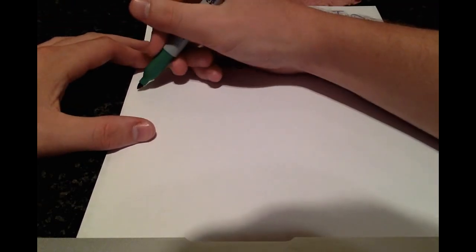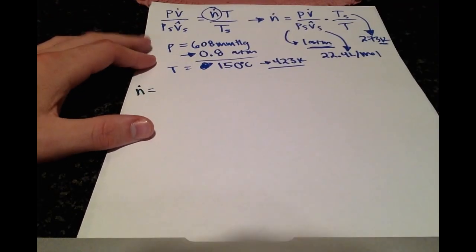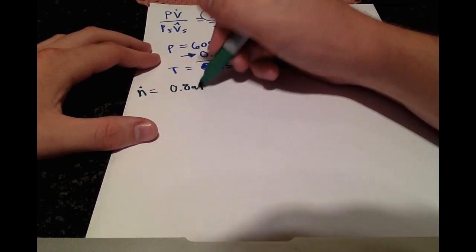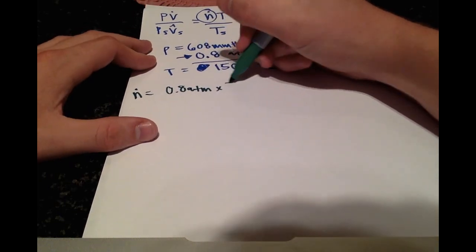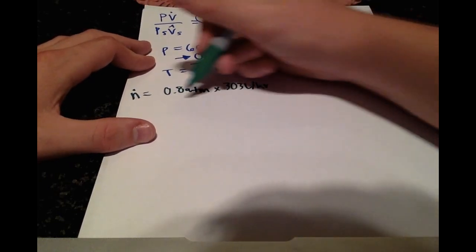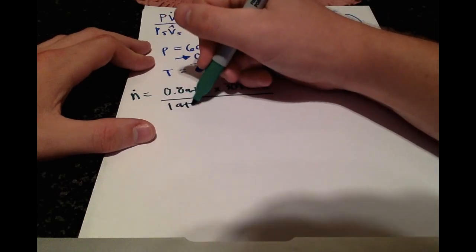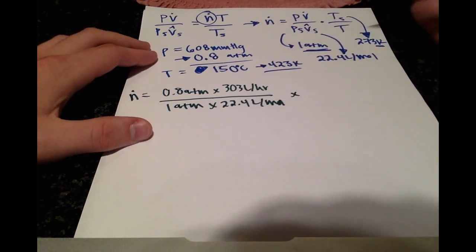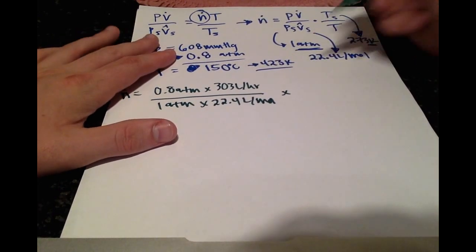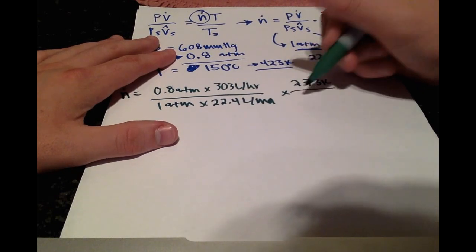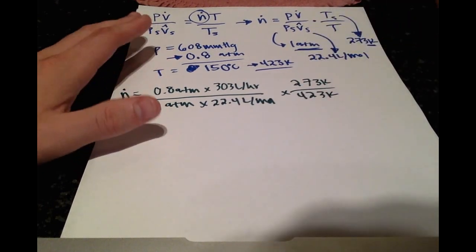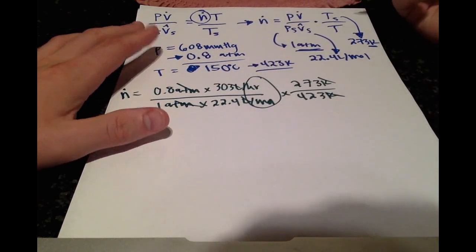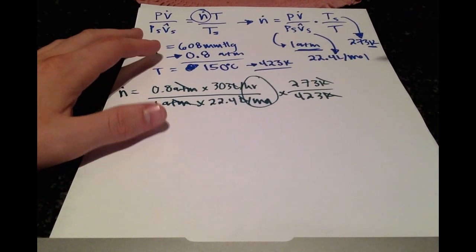All right, so finally crunching the numbers. What do we get when we plug in these values? We have 0.8 ATM times 303 liters per hour, over 1 ATM times 22.4 liters per mole, multiplied by our standard temperature over our new temperature. You can see a lot of these units cancel out, and we're just left with moles per hour.